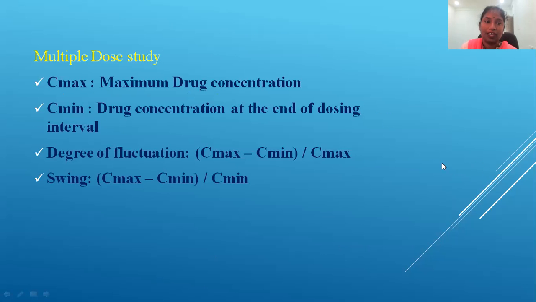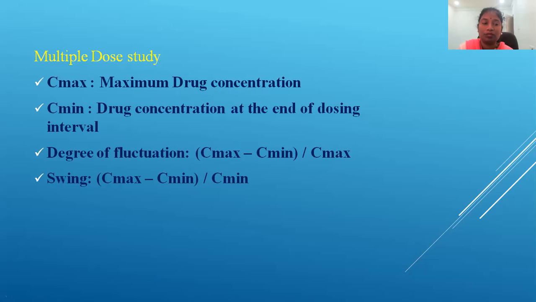Next, multiple dose study. A multiple dose study is nothing but administering the doses multiple times. We have to calculate Cmax and C minimum. Cmax is the maximum drug concentration, the peak concentration at which the drug shows its maximum.